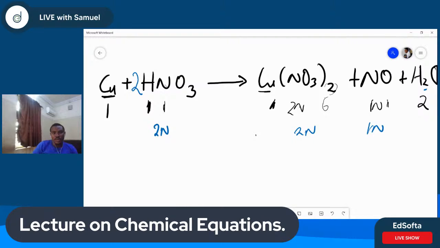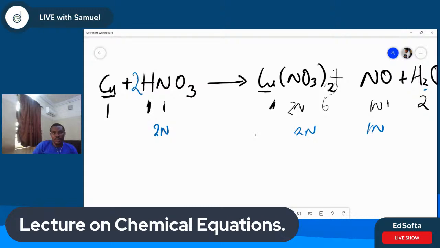It means we are going to have to change what we are using for the N. So there's no straight way of balancing. You just keep looking for a way to make sure that they are equal. But it's best to start from the first element and go down to the last element.